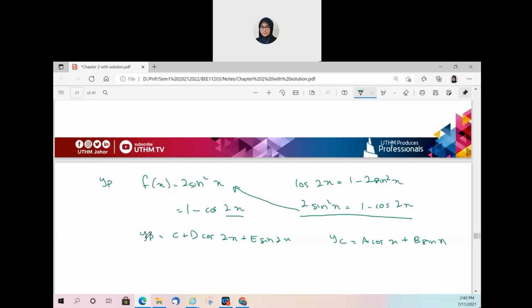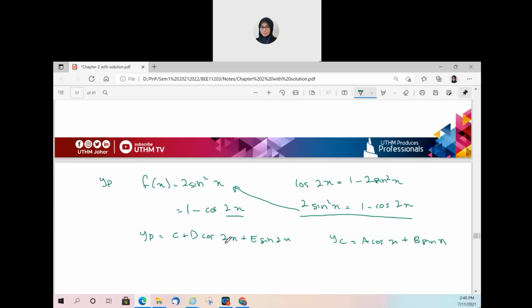Okay, so now you compare YP and YC. Is there any similar pattern? Sama tak pattern dia? Sama kot yang cos, cos dengan sin. Tak sama kan? Kenapa?